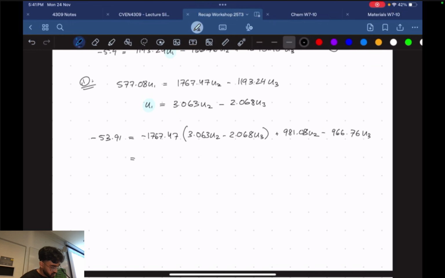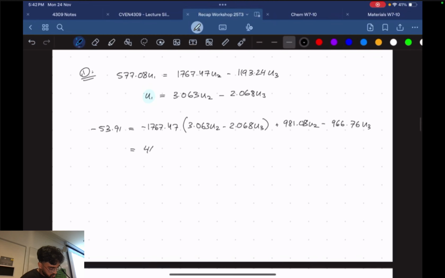So I end up with 4635.714 U2 minus 6830.52 U3. So this is going to be equation number 4.